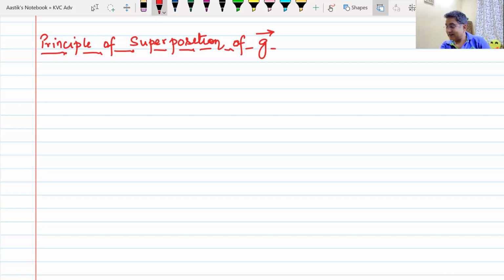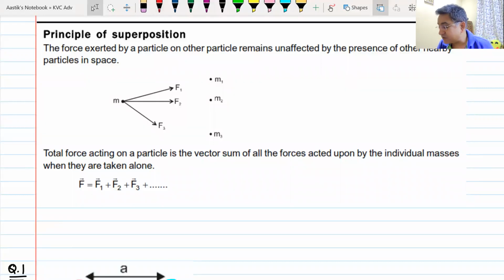See, that is the problem. You don't remember. And if you don't remember what happened yesterday, yesterday was 6th of December 2022, and on 6th of December 2022 we did this. And today is 7th of December 2022, and we don't remember the principle of superposition.